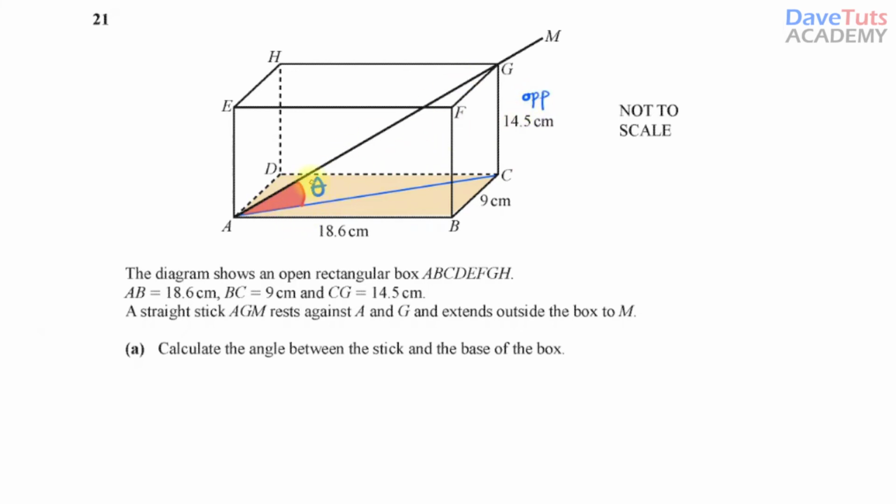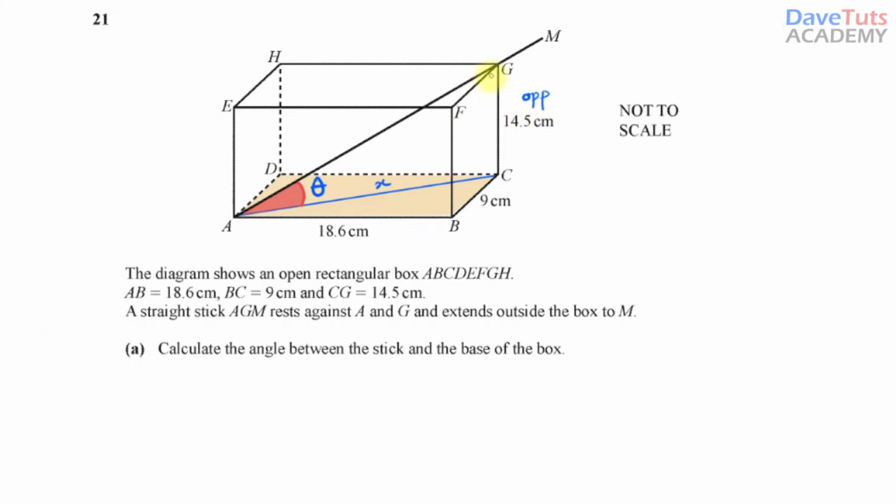And for us to find theta, since we have this opposite, we need to get either the hypotenuse or the adjacent. Now, from the information that we are given, we have these sides of the base of the rectangle. We have this side AB as 18.6, we have BC as 9. If we can find this side x, which is AC, then that means that we have two sides of the triangle AGC. We have the opposite, and then we get the adjacent.